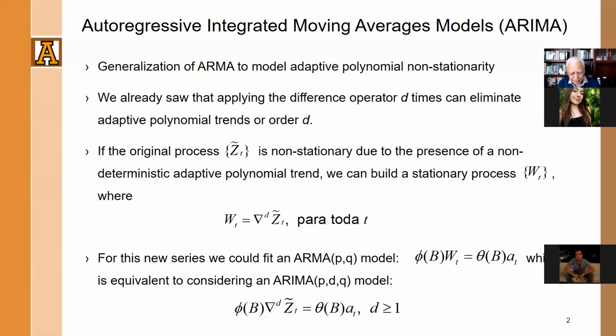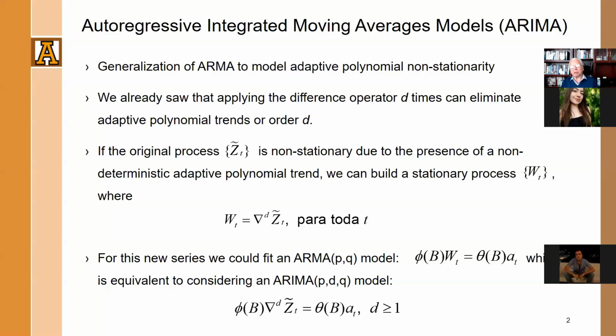So that's the ARIMA model. That's a more general class of models that will be helpful in fitting a wider and larger number of the time series that we find in practice. The AR models have very limited application because they are only applicable to purely autoregressive models, and the same happens with the moving average models.